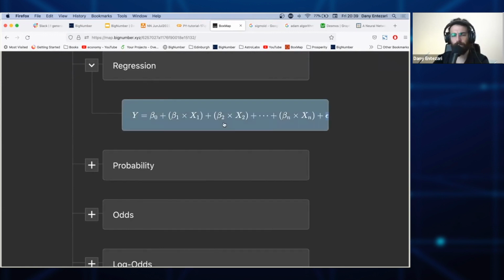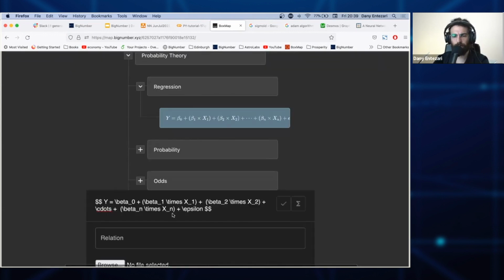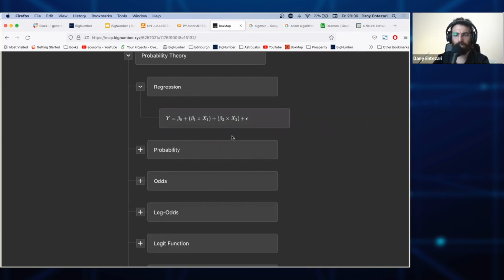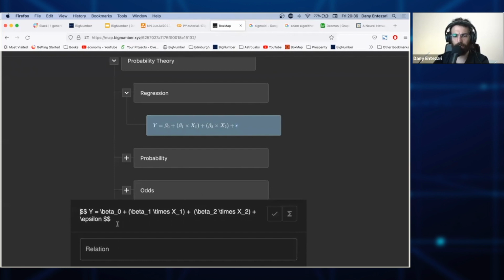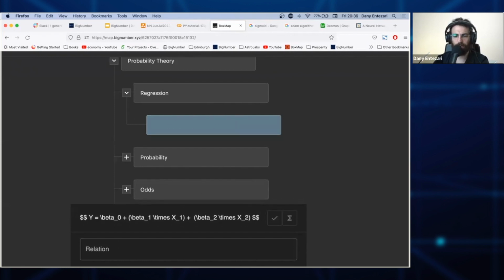And for simplicity, let me remove the other variables, and let's just say we have two variables. The epsilon is the residual, that's the error rate. Let me not include that in here either. Let's just really keep it simple. And let's just have beta sub 1.